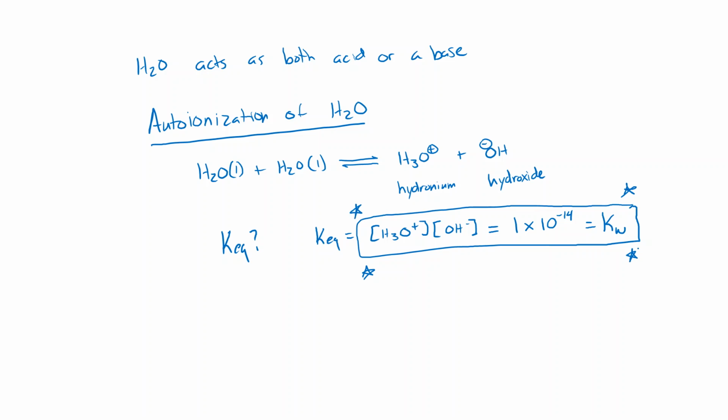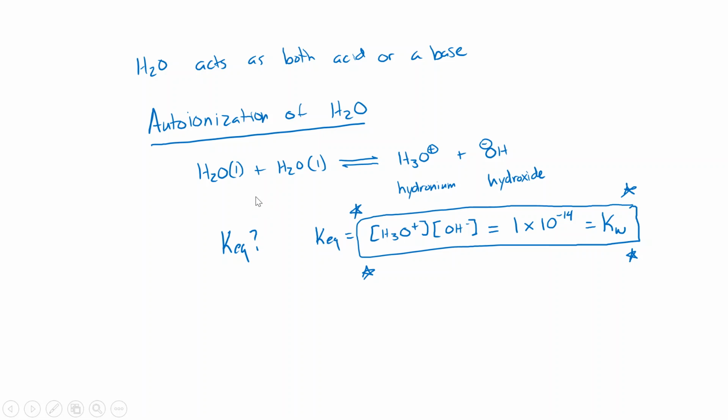And the reason it's important is that this is always true. In every solution where you have water in it, the concentration of H3O plus times the concentration of OH minus equals 1 times 10 to the negative 14th. Now that is a tiny number, and so this equilibrium very much favors the reactants, right?